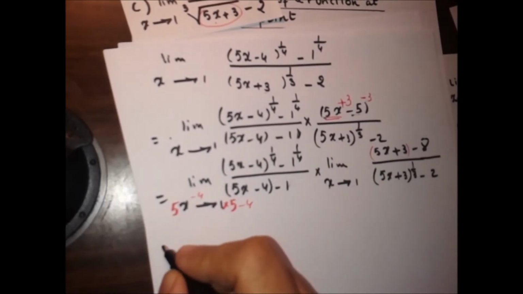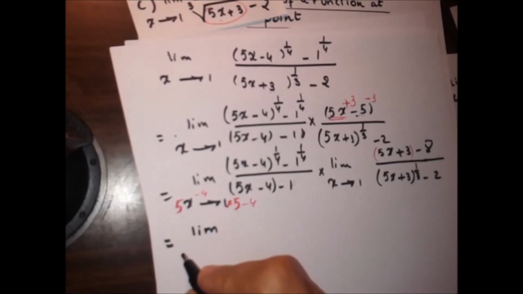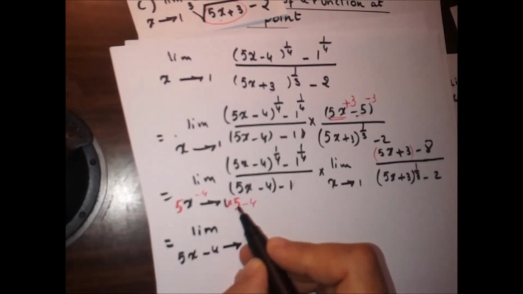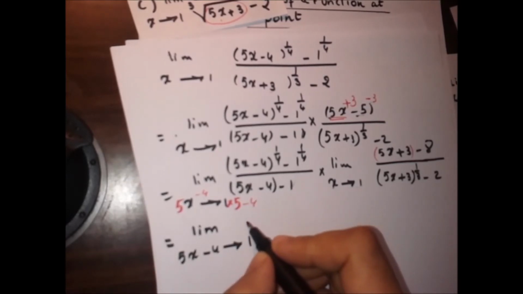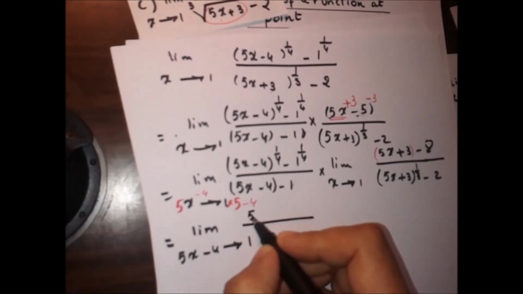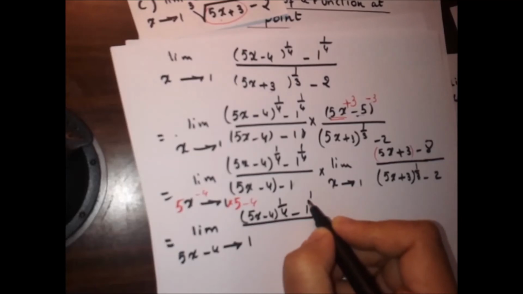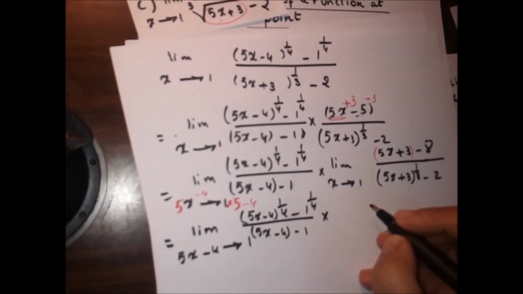So this is equal to limit as 5x minus 4 tends to 1, since 5 times 1 minus 4 is 1, of 5x minus 4 to the power 1 over 4 minus 1 to the power 1 over 4, and down we have 5x minus 4 minus 1, times.